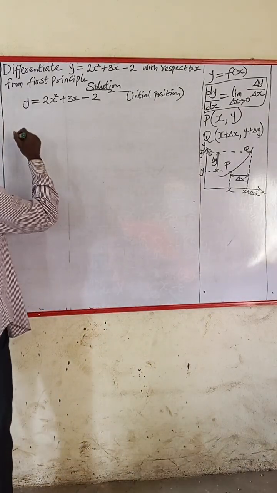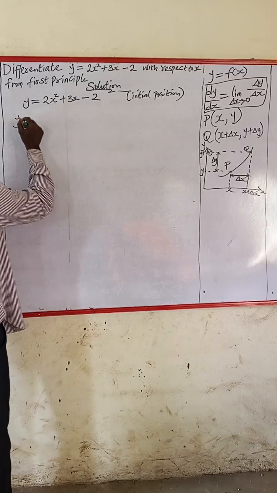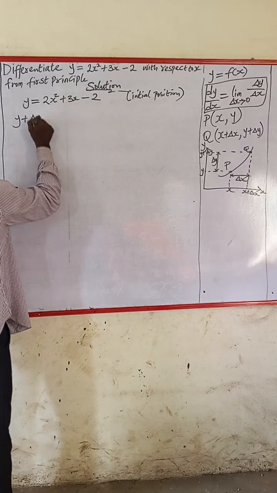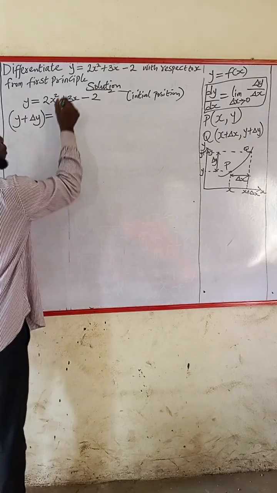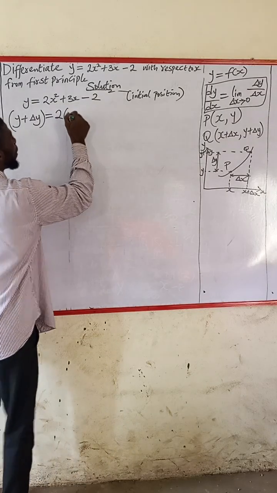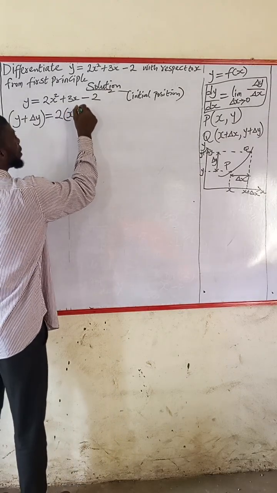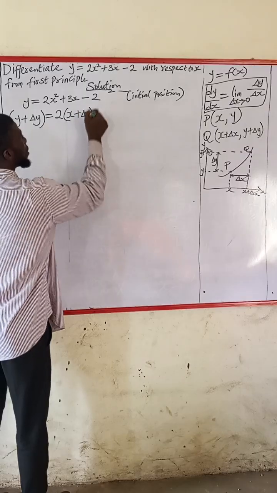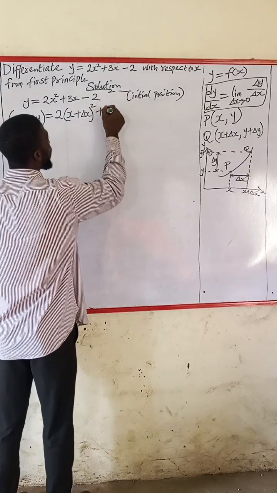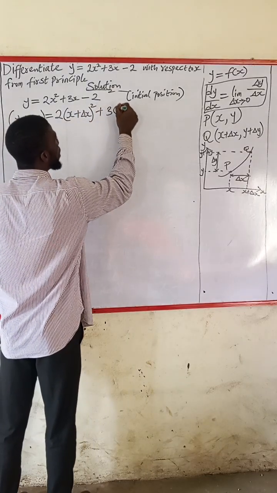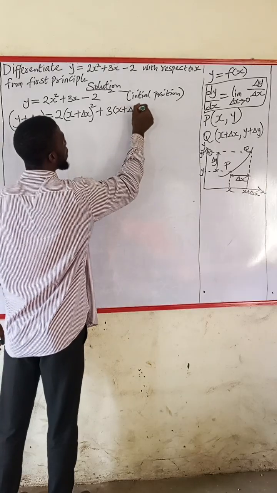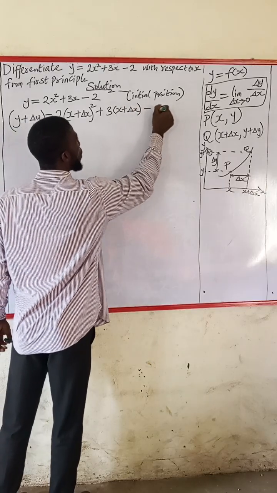If we are going to consider a new position, this would now be y plus change in y is going to be equals to 2 bracket, anywhere I see x, I will call this x plus change in x, raised to power 2, plus 3 bracket x plus change in x, minus 2.